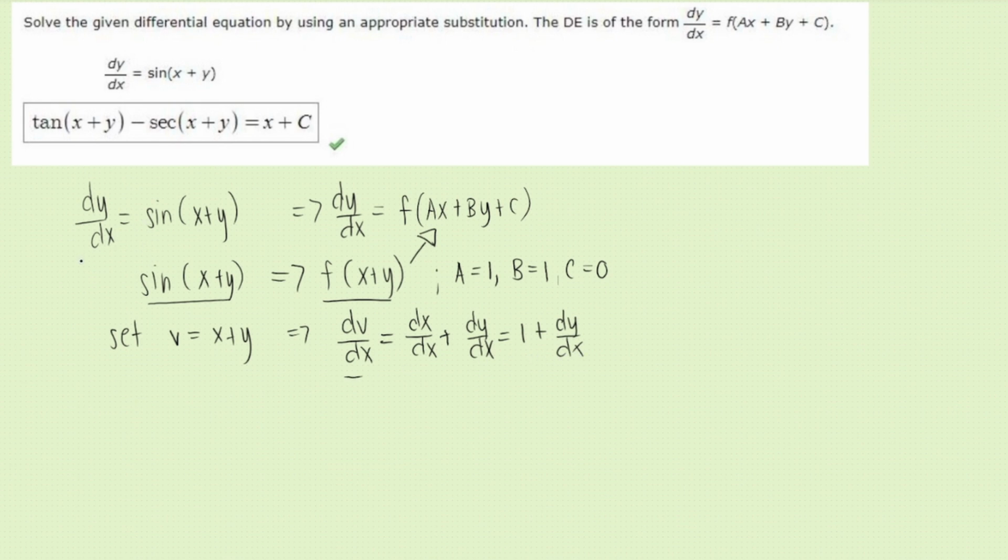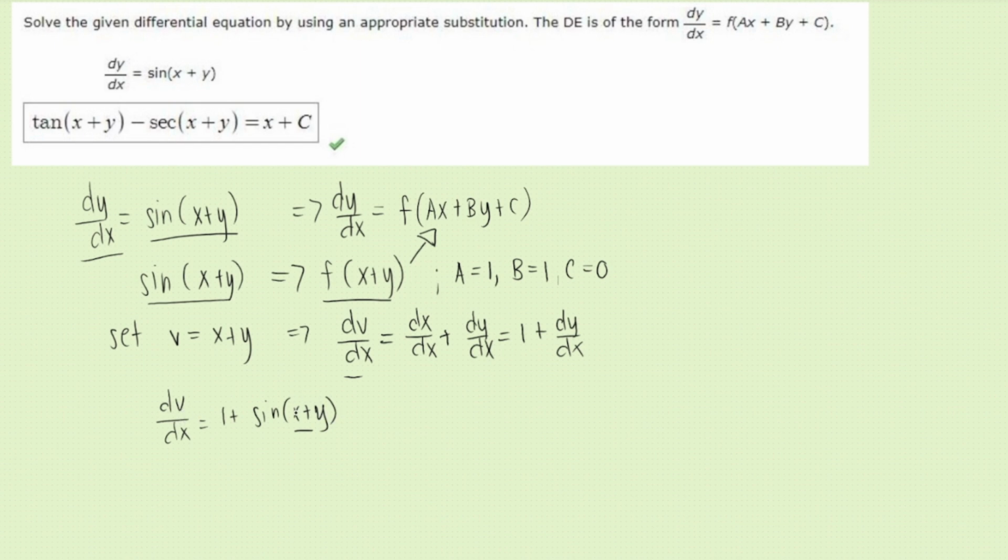But we know that dy over dx is sine of x plus y, so we'll plug this in here. dv over dx equals 1 plus sine of x plus y. But I don't want to use x plus y because we've used a substitution variable v.